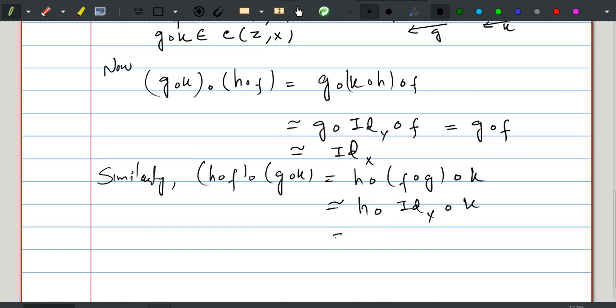This is equal to h composed with k, which is again homotopic to identity on Z. So this proves that X is homotopically equivalent to Z.